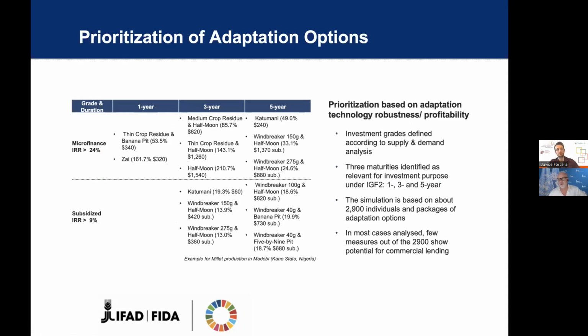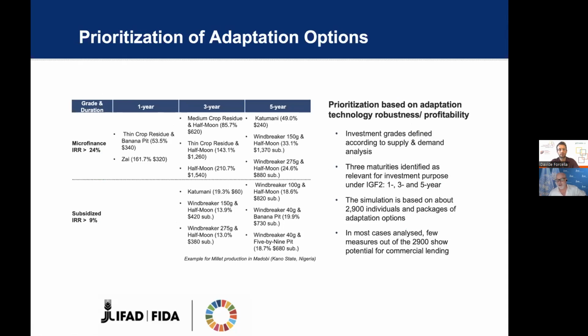Basically, what we do is we take all the climate variability data that we have, and we apply it to a specific crop, right? And then we look into the future, and we see what's the risk. We look at it 1 year, 5 years, 10 years, 15 years, because we want to understand the financeability of a particular asset, and the asset's supposed to last over a certain number of years.